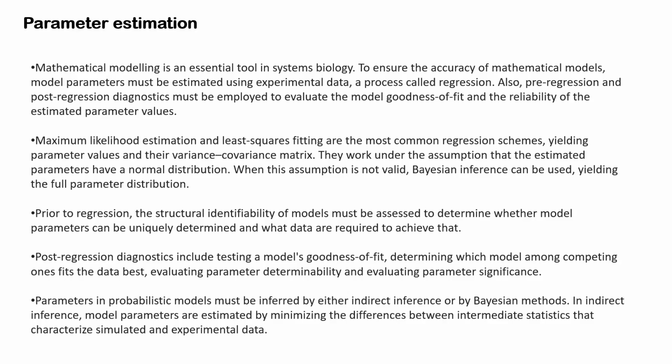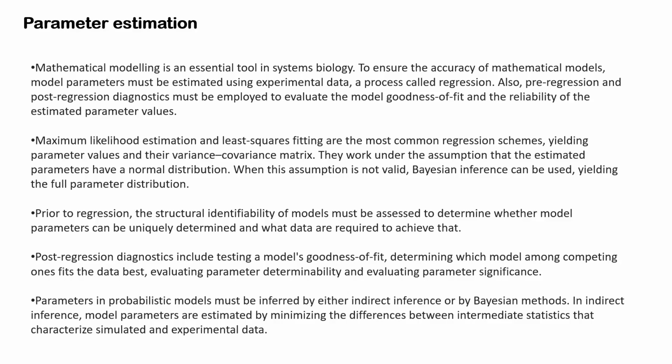Parameters in probabilistic models must be inferred either by indirect inference or by Bayesian methods. In indirect inference, model parameters are estimated by minimizing differences between intermediate statistics that characterize simulated and experimental data. This is kind of what we'll do. We'll estimate these parameters using indirect inference.